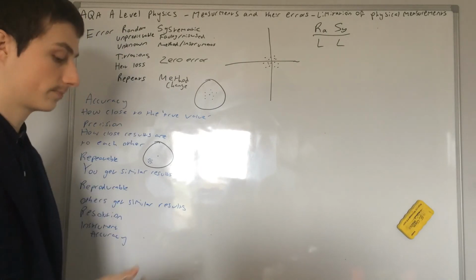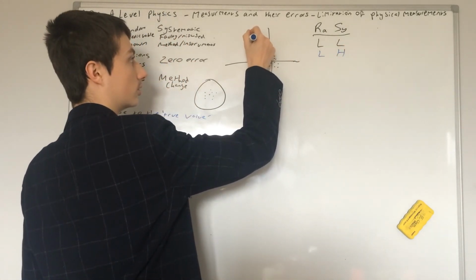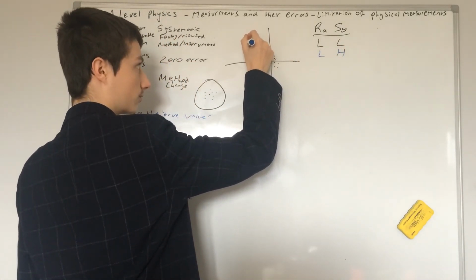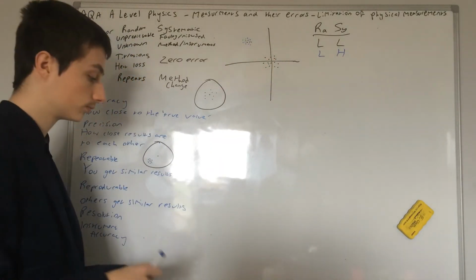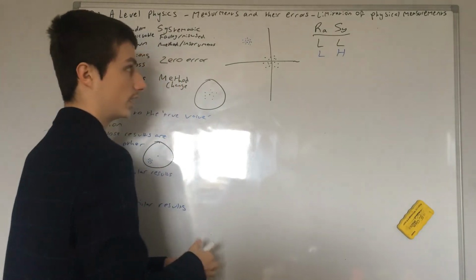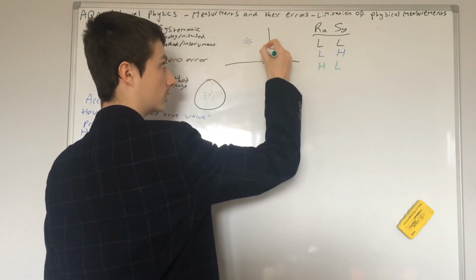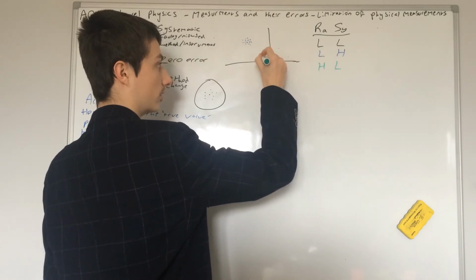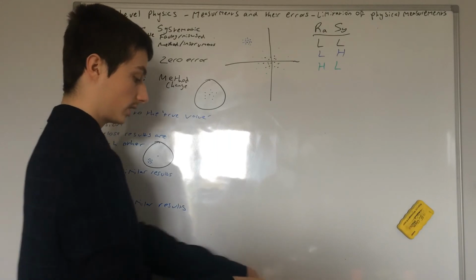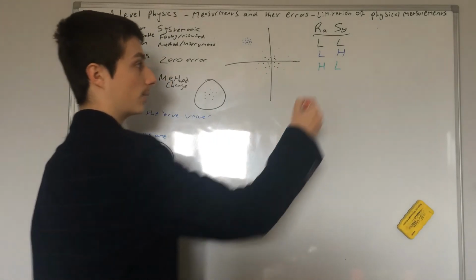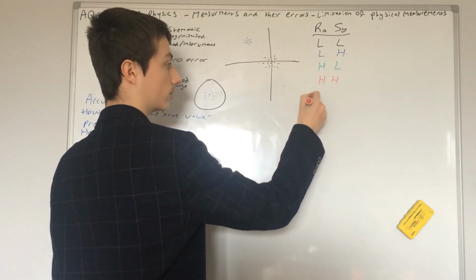However, if we had a low random error and a high systematic error, the results might look like this, with the origin being the true value. If we had a high random error and a low systematic error, we might get results that look like this. And if we had bad results with a high random and high systematic, the results will be down here.